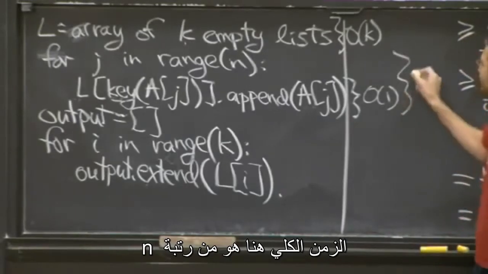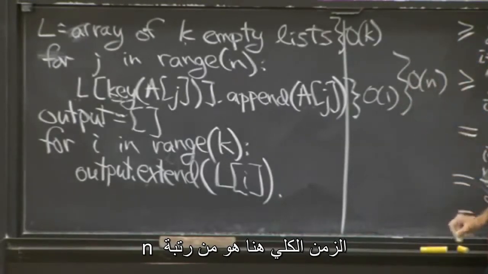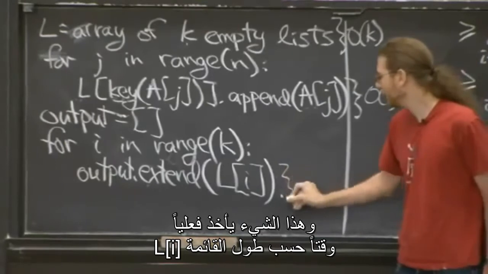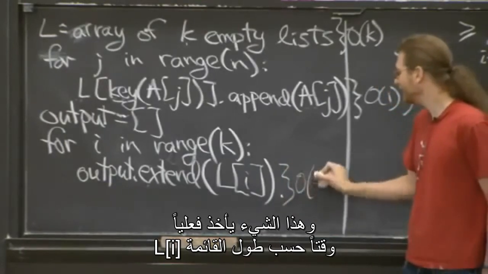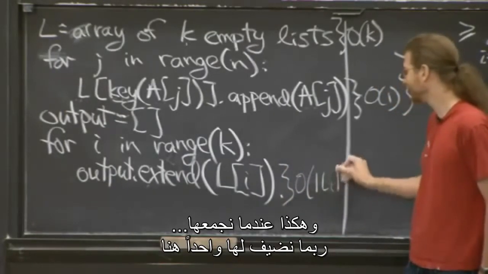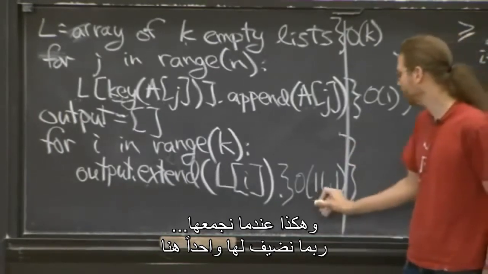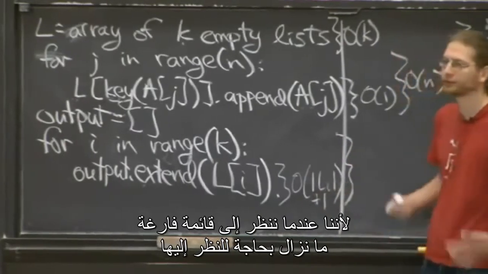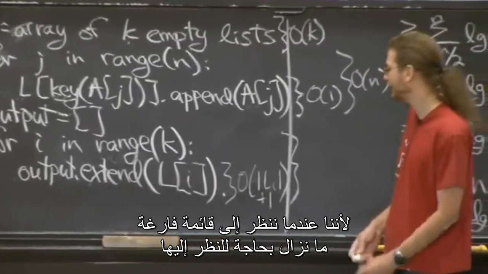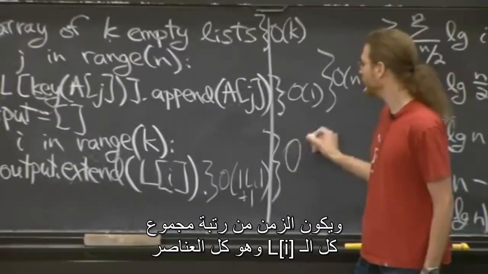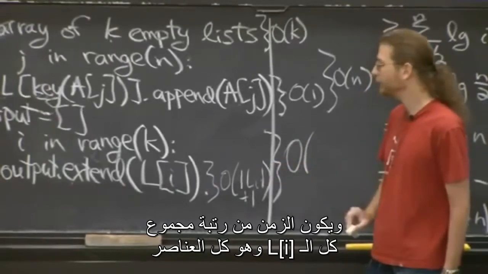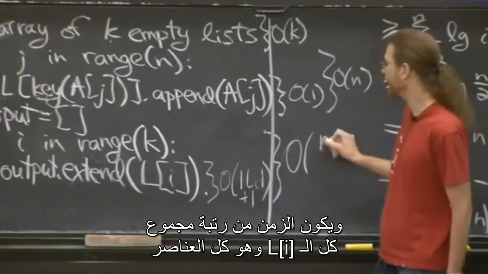So total time here is order n. And this thing, well, this takes basically the length of li time. And so when you add it up, maybe plus 1, because to look at an empty list, you still need to look at it. So you add it up, and you get order sum of all the li's is all the items.